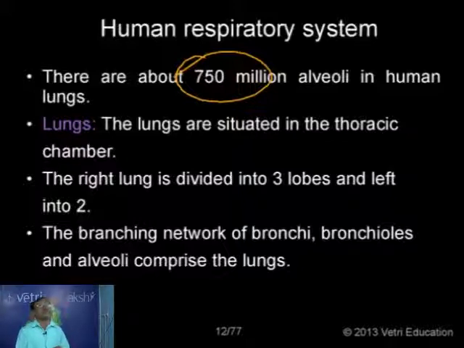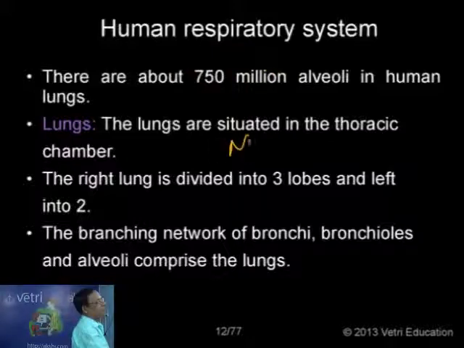The lungs are the major respiratory organs, situated in the thoracic cavity. In between the two lungs we have a space containing the heart, the esophagus, part of the trachea, and other blood vessels. The part between the two lungs, the space containing the heart, esophagus, trachea, and other structures, is together called the mediastinum.